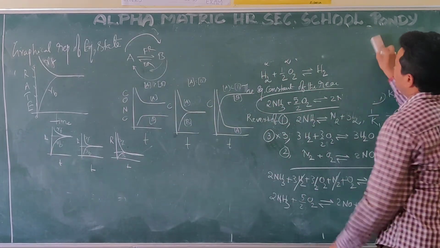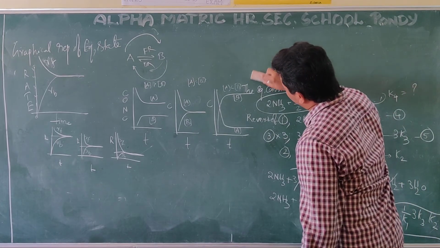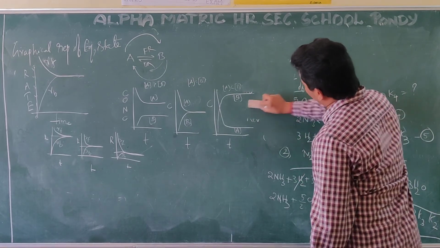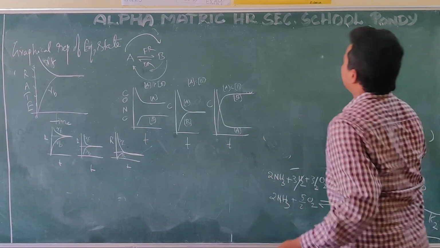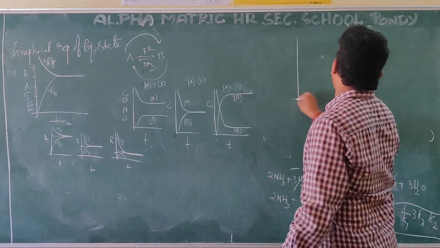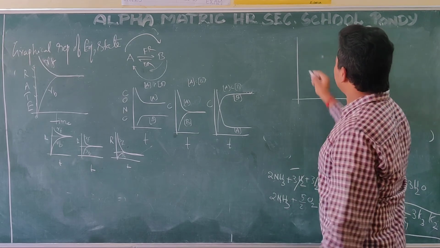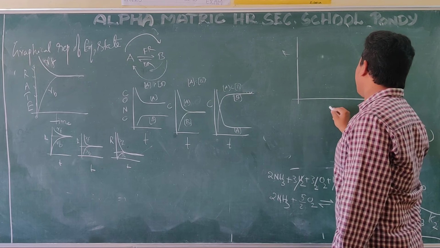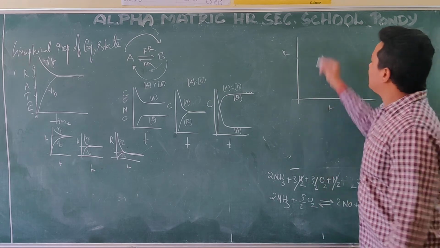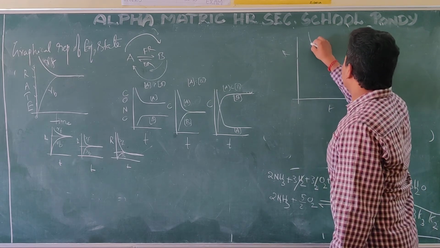And what is the other graph here? Here, with and without catalyst. If the graph is like this, equilibrium state. For example, rate is there and here time is there, and two graphs are there.